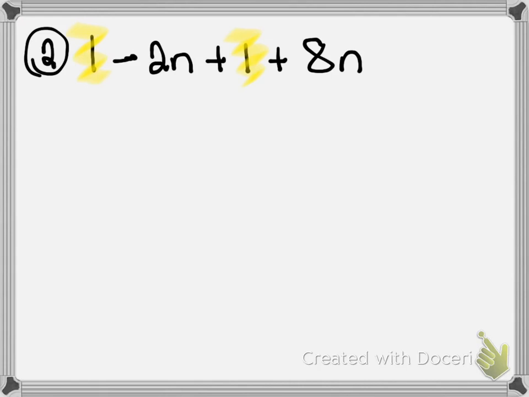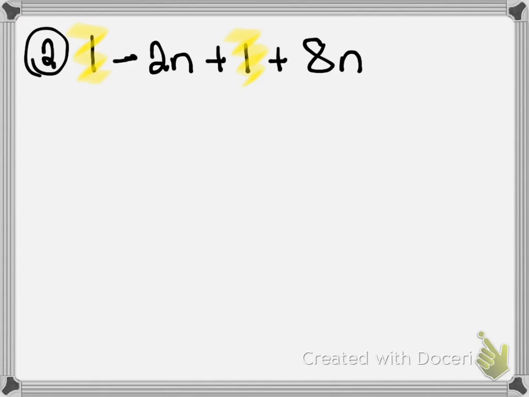Number 2 says 1 minus 2n plus 1 plus 8n. Now there are a couple of like terms, and I would encourage you to use a highlighter or some tool to mark the terms that are like. This is a constant or a plain number.